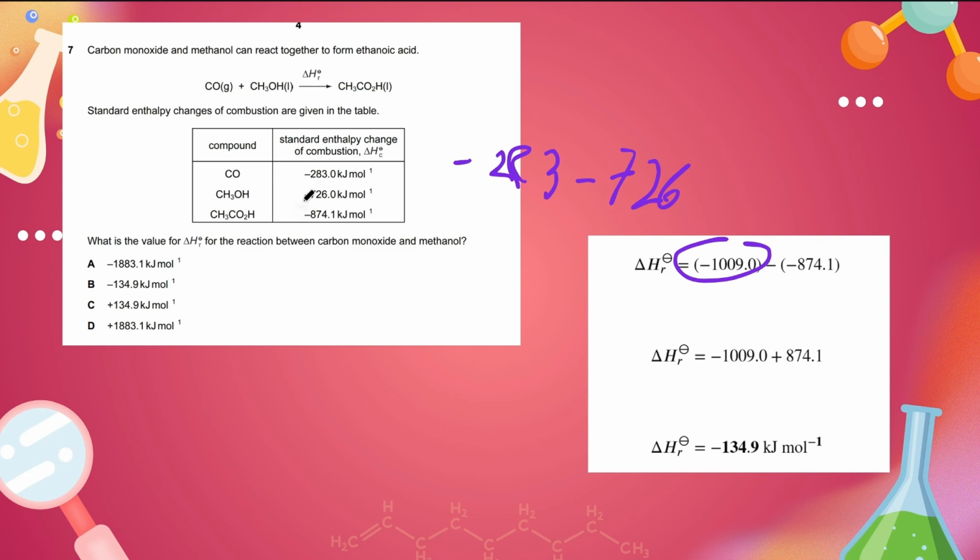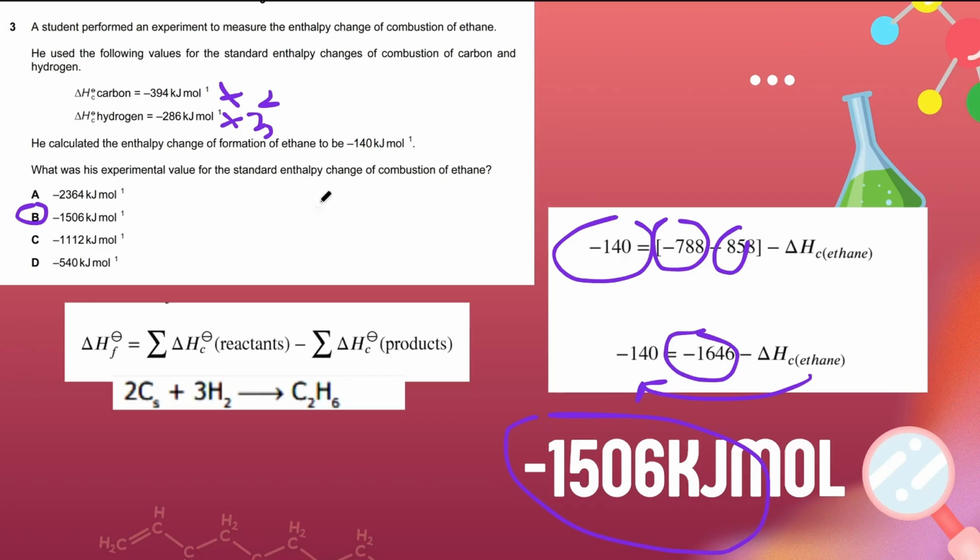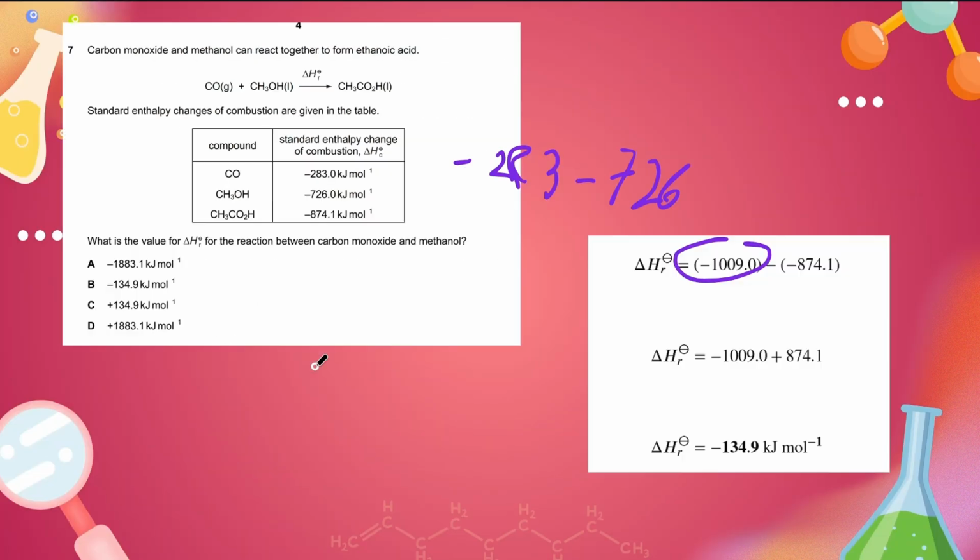And then since we know the previous one like this, we just do this to find the delta H, which is the enthalpy, which is minus, right? Minus, minus and make it plus. Minus 1009 plus 874.1 makes the answer minus 134.9, so the answer is B.